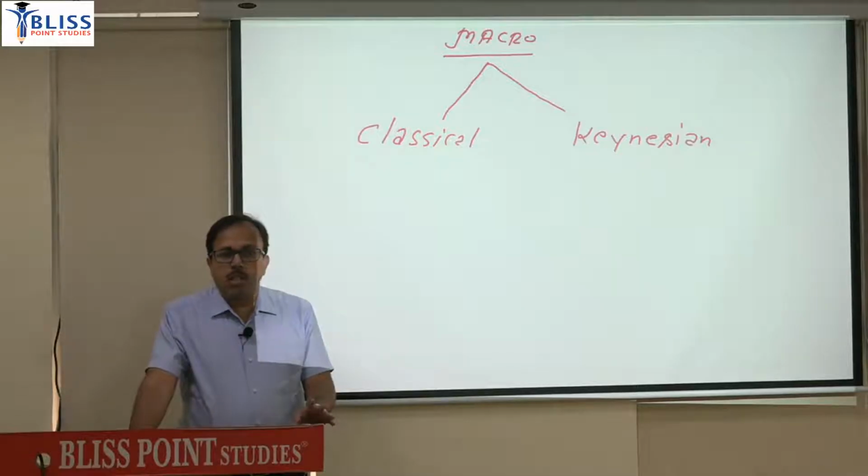And some recent economists are still following the classical concept, but they have modified it, so they will be known as neo-classical. That means today's economists are either following the classical view or the Keynesian view, but not as it was originally provided. They have modified the concept. So the modified classical is post classical or neo classical, and the modified Keynesian argument is post Keynesian or neo Keynesian, you can say.